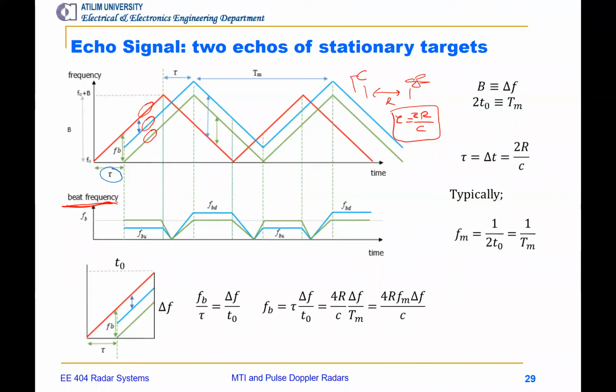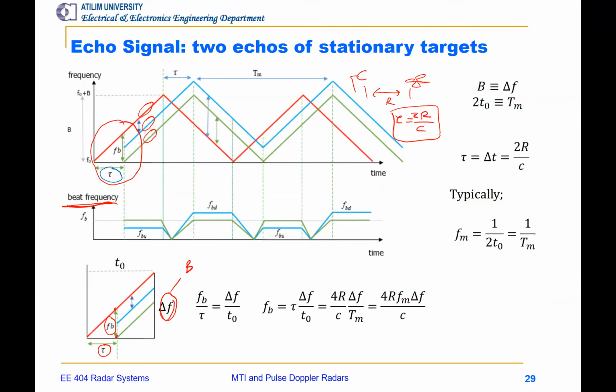Now, let us focus on this part of this curve. We see a time delay of tau in here, and the difference between the transmit and the receive signal in the frequency domain is the beat frequency. Take the difference between the minimum and maximum frequency as delta F, which is B here.